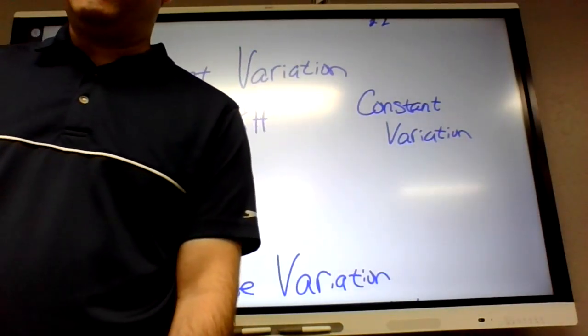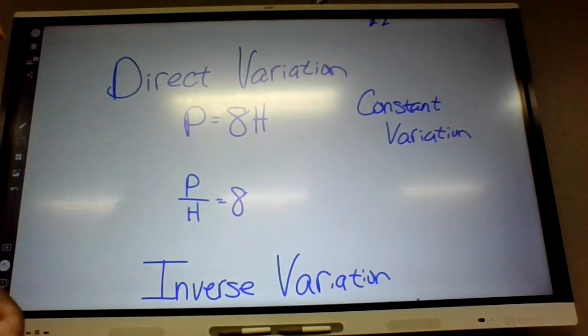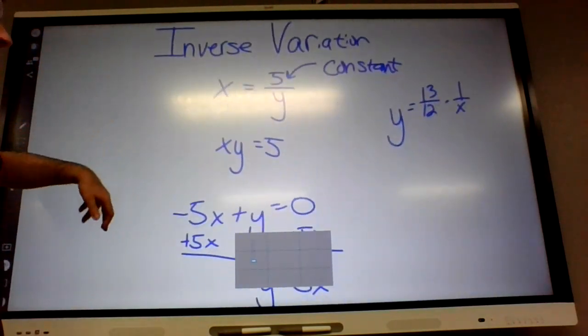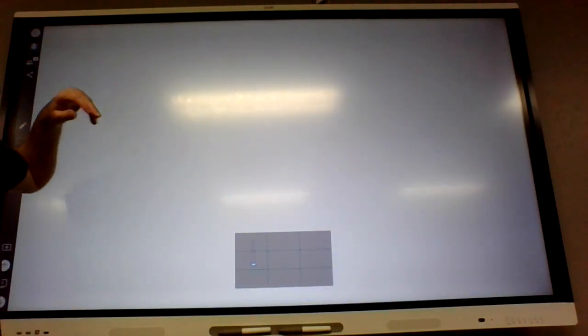Okay, 13. Now we haven't really talked about these yet. Most of the problems with direct and inverse variation are like this right here.